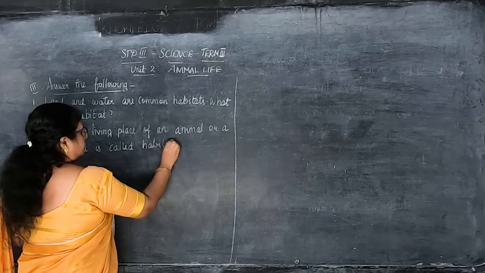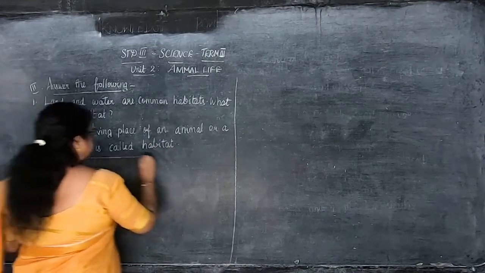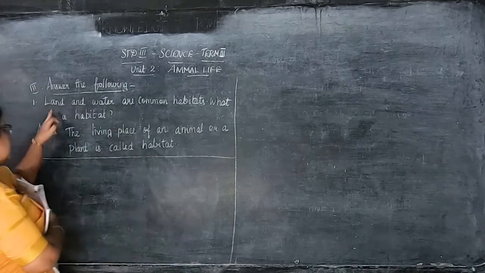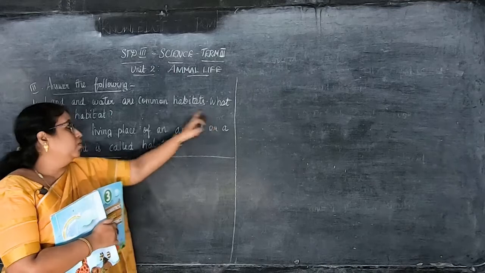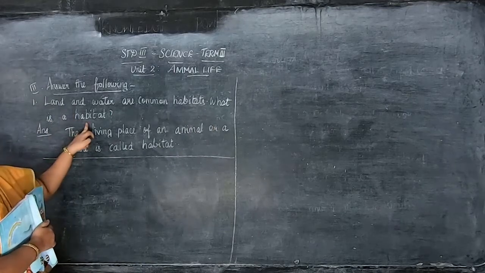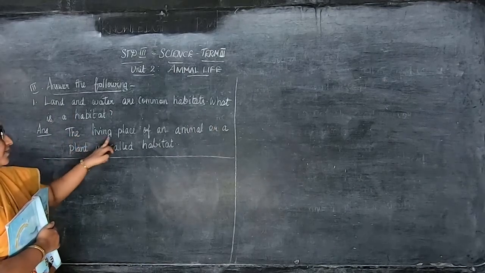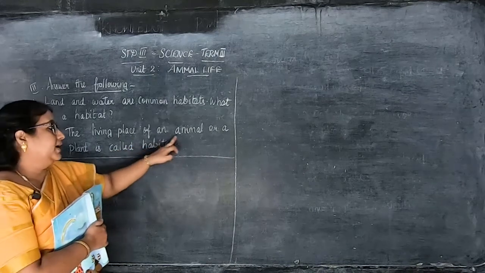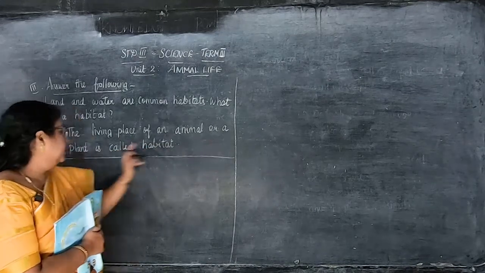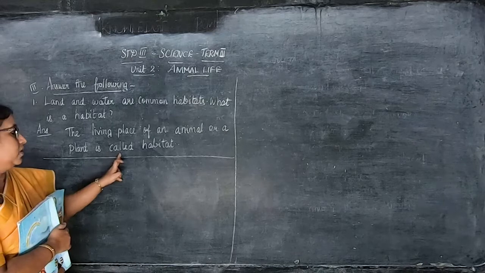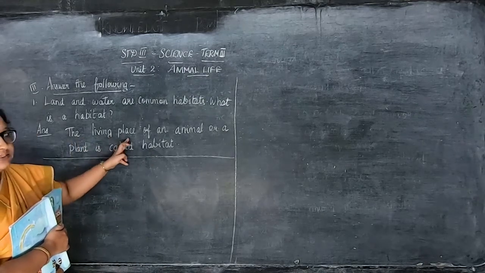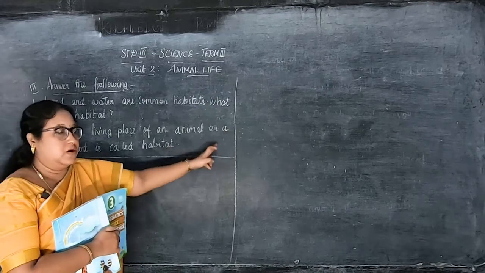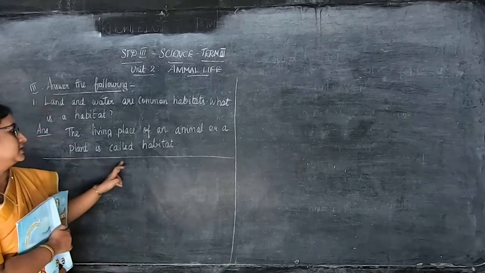That is the first question. What's the question, children? Land and water are common habitats. What is a habitat? The living place of an animal or a plant is called habitat.